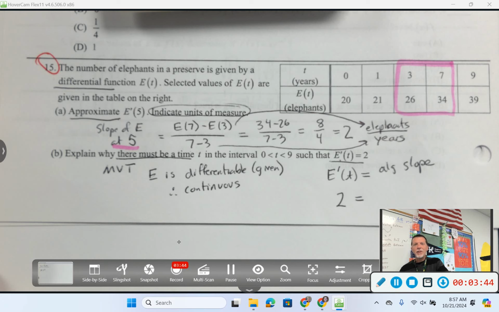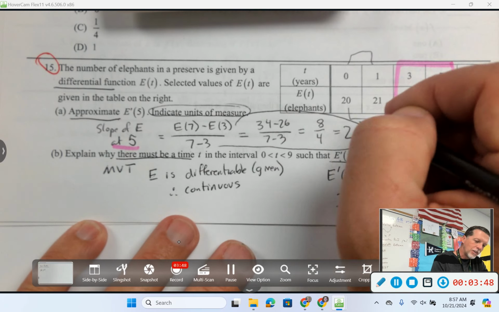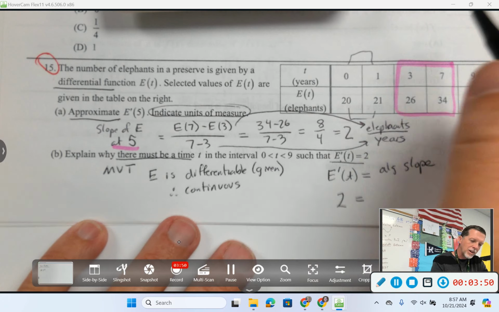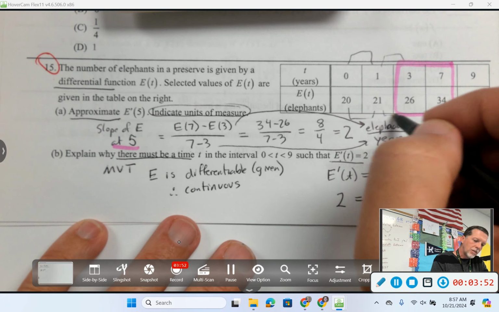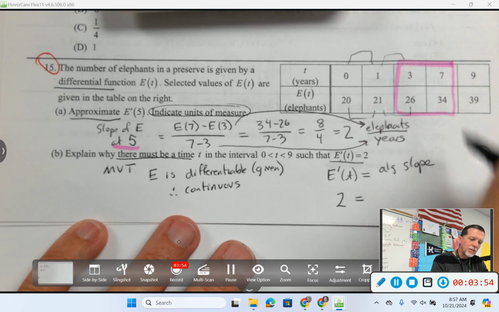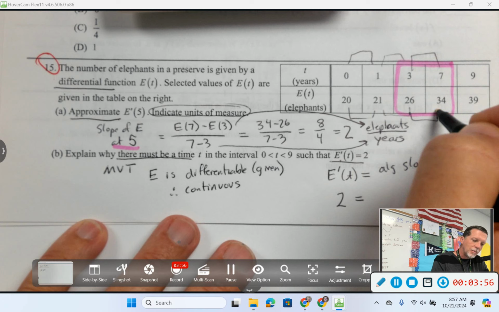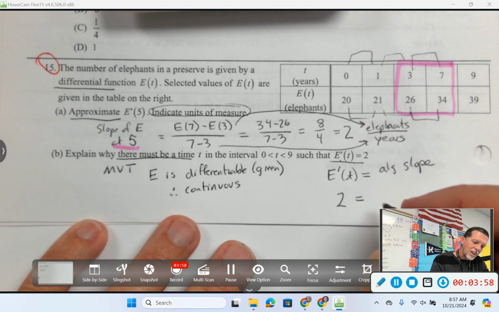Well, they were nice to us. Sometimes you have to go and check and see, well, what's the slope between 0 and 1? That's 1. Between 1 and 3, that's 5 over 2. That didn't work. But we already did this problem. Between 3 and 7, the algebra slope is 2.